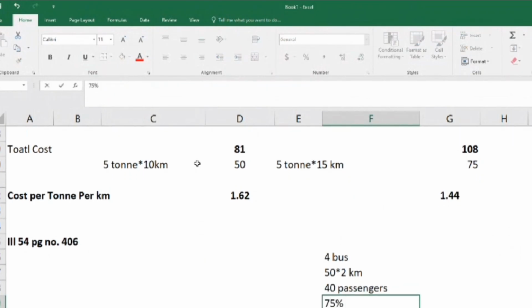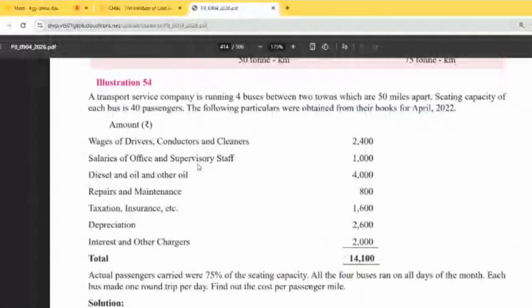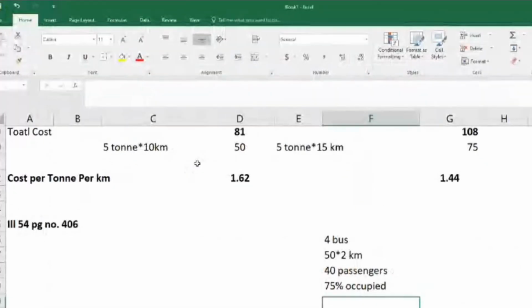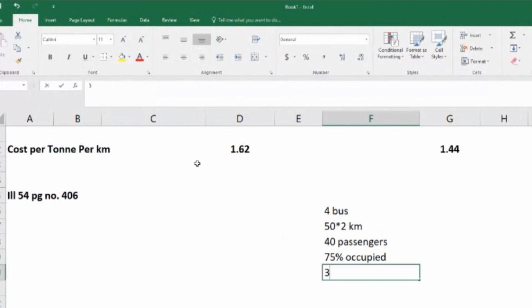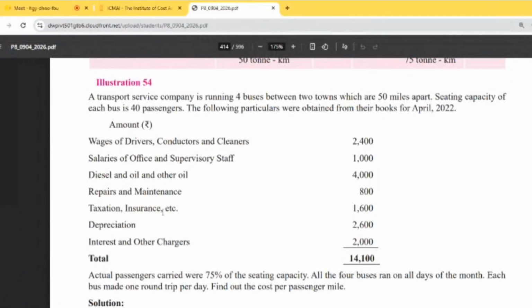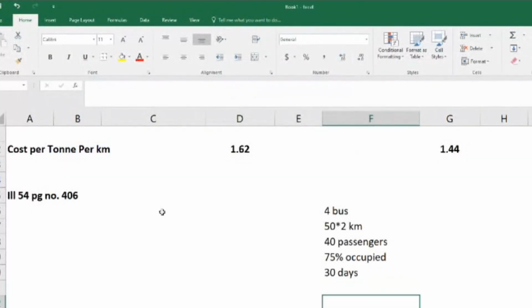75% being occupied. And what else? 30 days a month. Okay, so 30 days. You can find out the cost per passenger mile. We can find out now: it equals 4 into 100 into 40 into 75% into 30.